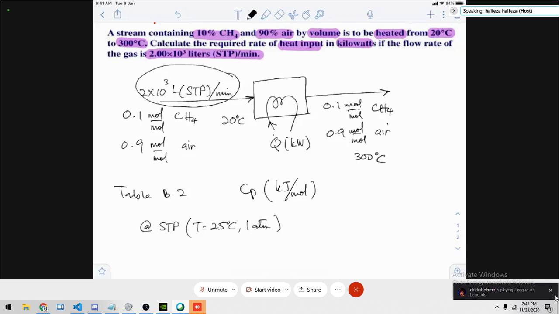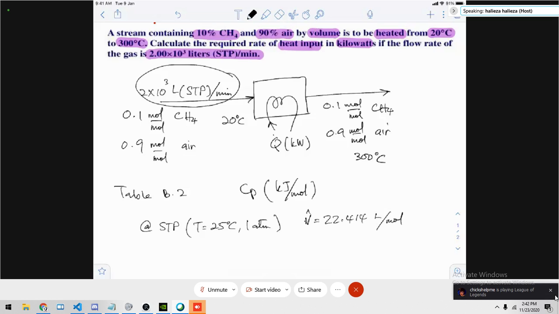Okay, so at that standard temperature pressure, your molar flow rate, the specific volume should be what? Liter per mole. What is that value? 22.414 liter per mole. You can check that up.